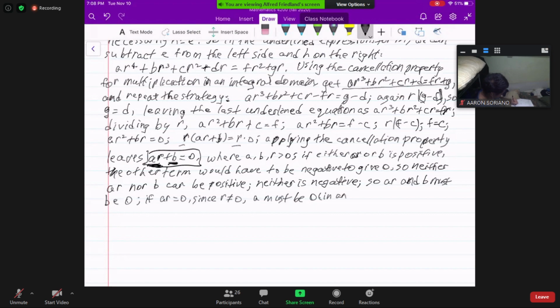Reason: in an integral domain, if a product is 0, one of the factors is 0, and R is greater than 1. So it's not 0. So A has to be 0.